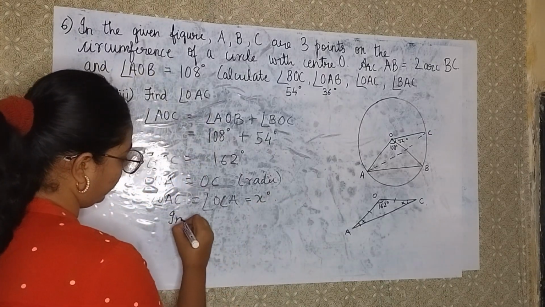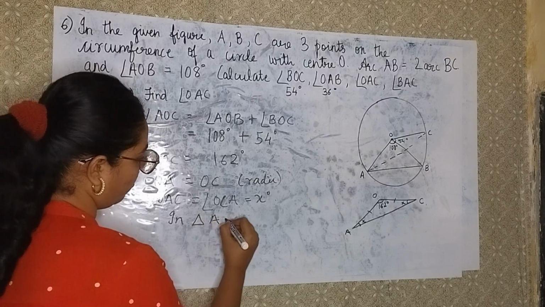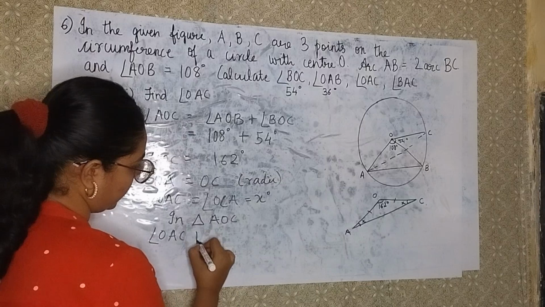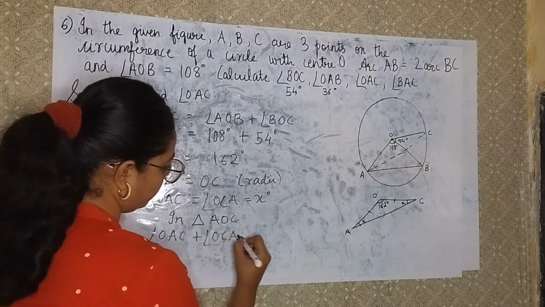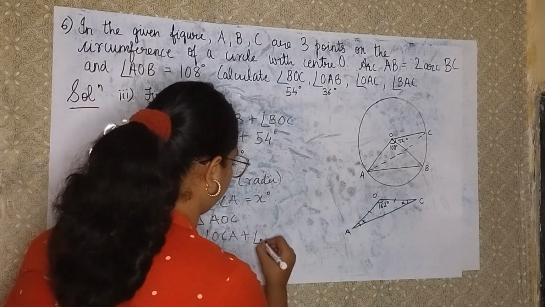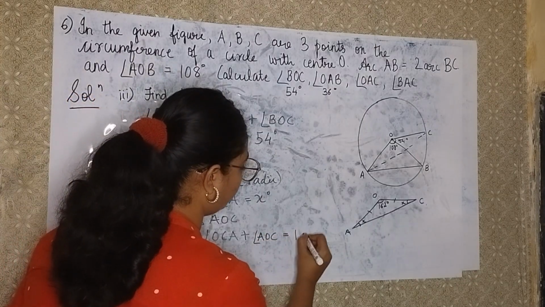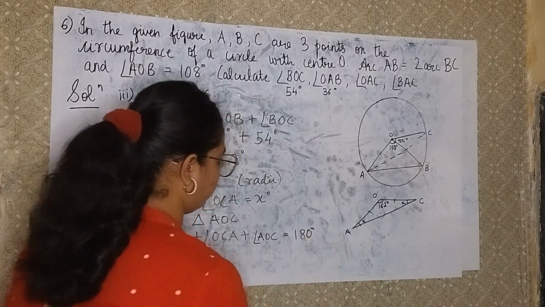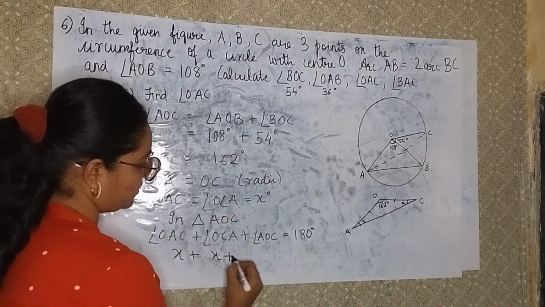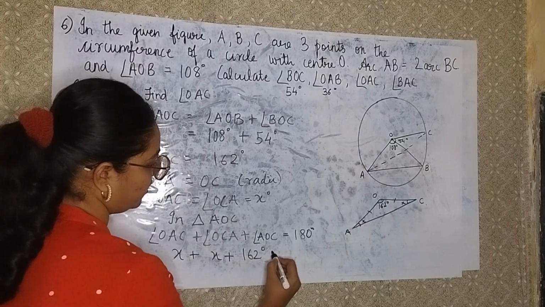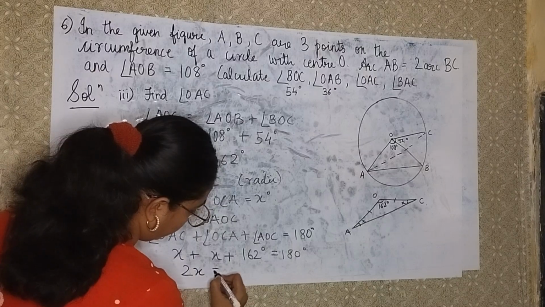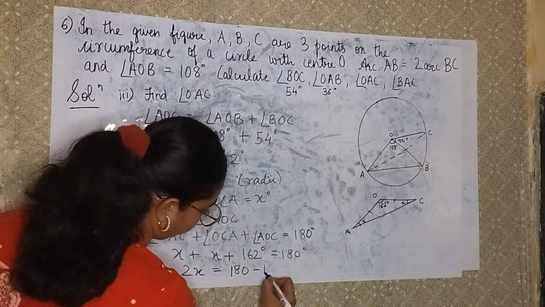So in triangle AOC, I have angle OAC plus angle OCA plus angle AOC equal to 180 degrees. Now X plus X plus 162 equal to 180 degrees. 2x equal to 180 minus 162.